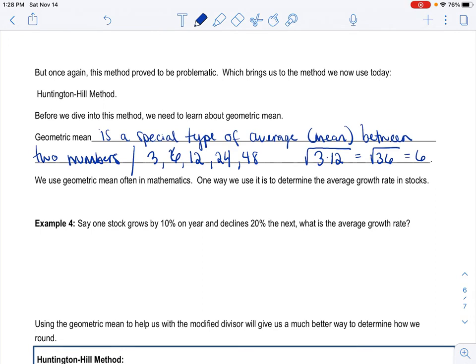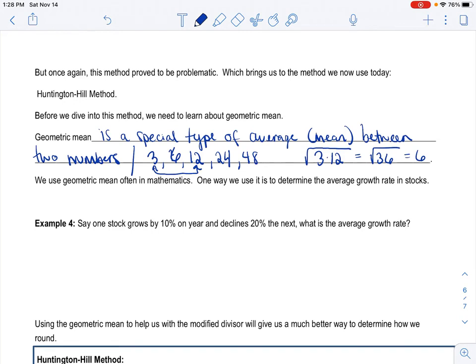What you just found is the geometric mean between 3 and 12. We are so used to using the arithmetic mean, where you add it all up and divide by the number. This is geometric, and geometric means multiplying. So 6 is your geometric mean between 3 and 12.